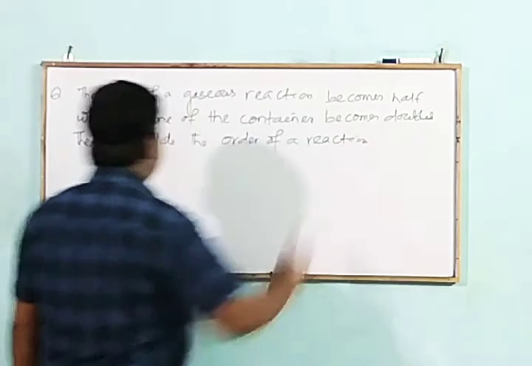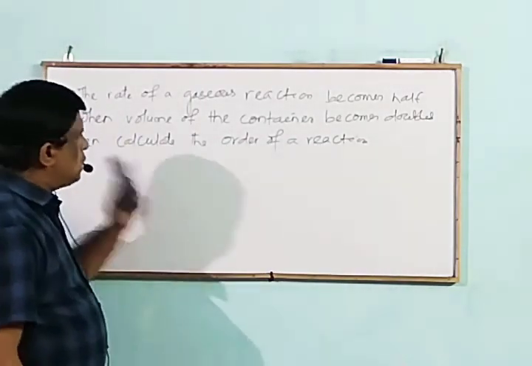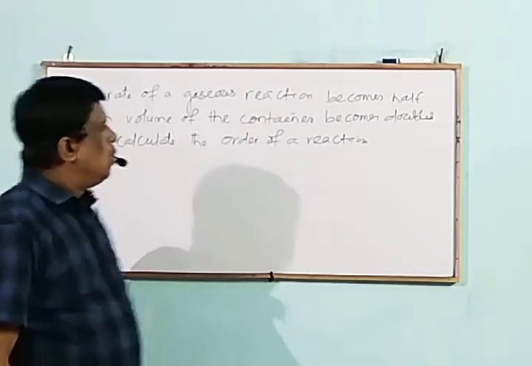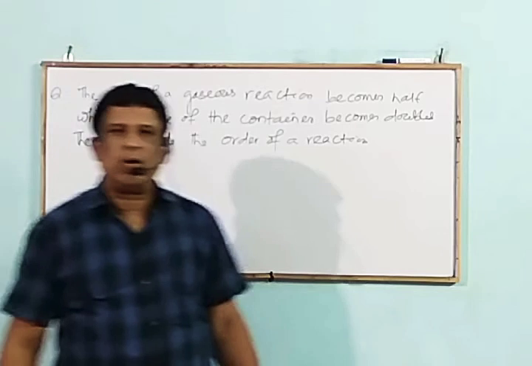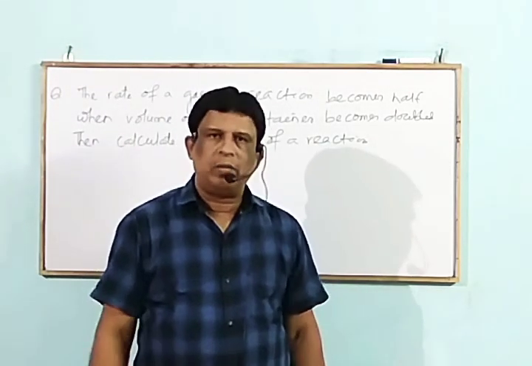Mark that a gaseous reaction is there. Then it has been observed that according to the question, the rate becomes half when the volume of the gaseous container is doubled. So we have to predict the order of reaction.